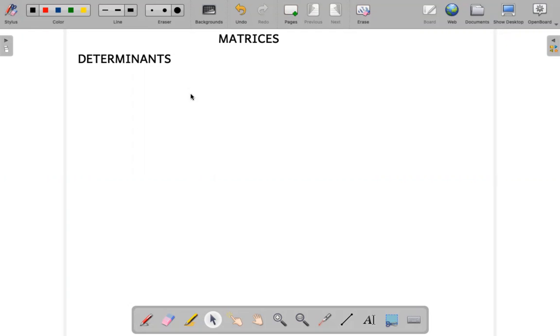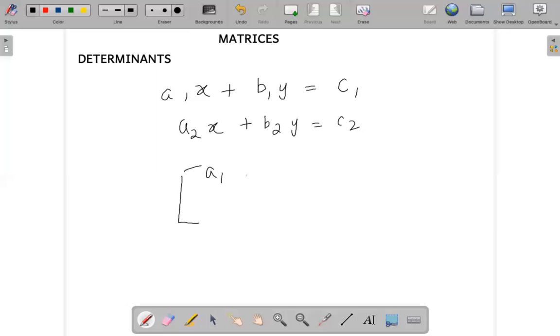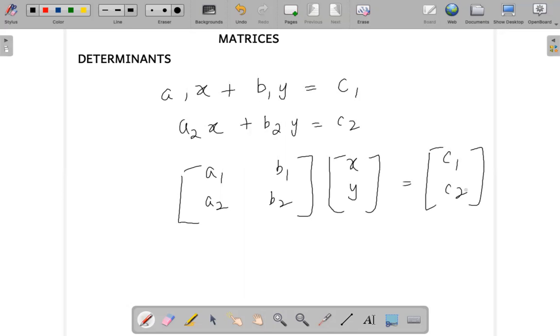So we had a1x plus b1y is equal to c1 and a2x plus b2y is equal to c2, which can be represented in matrix form, that is a1 b1 a2 b2, times x and y, which is equal to c1 and c2.